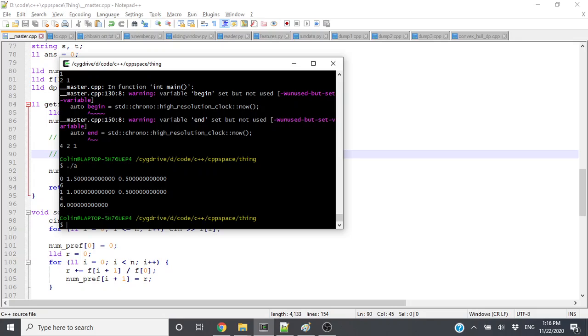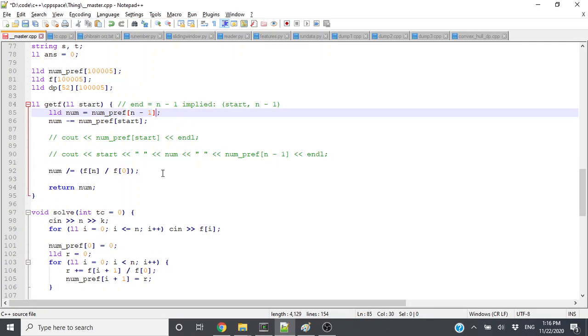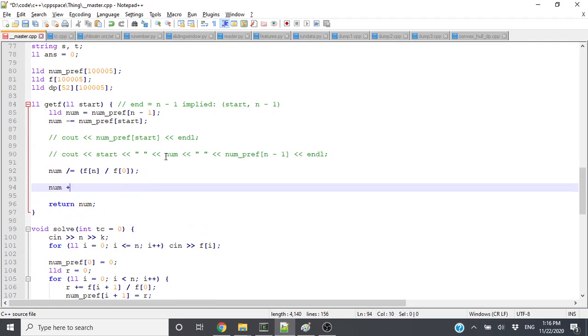That's wrong even though it shouldn't be. It's because the 1 is separate, I guess. The 1 is separate. Num plus equals 1 over, what would it be? F of n over f of start.